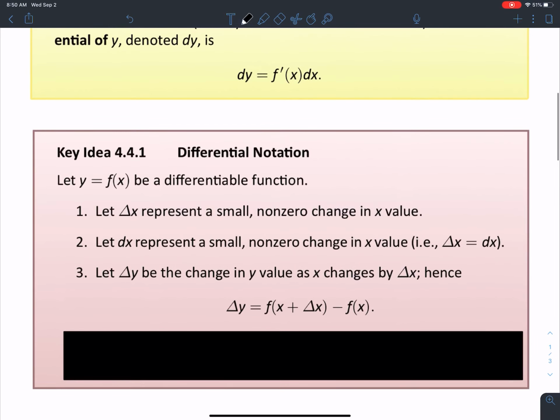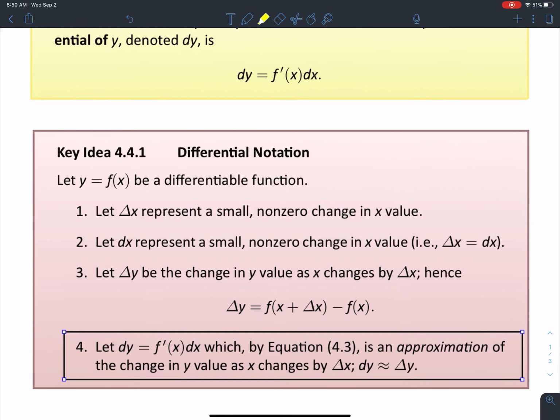Then I'm going to let delta y be the change in y values as x changes by delta x. Hence, delta y is equal to f of x plus delta x minus f of x. Okay?